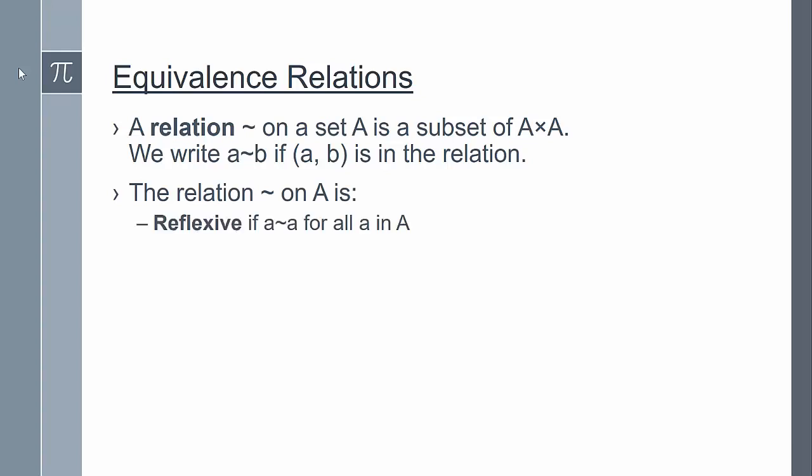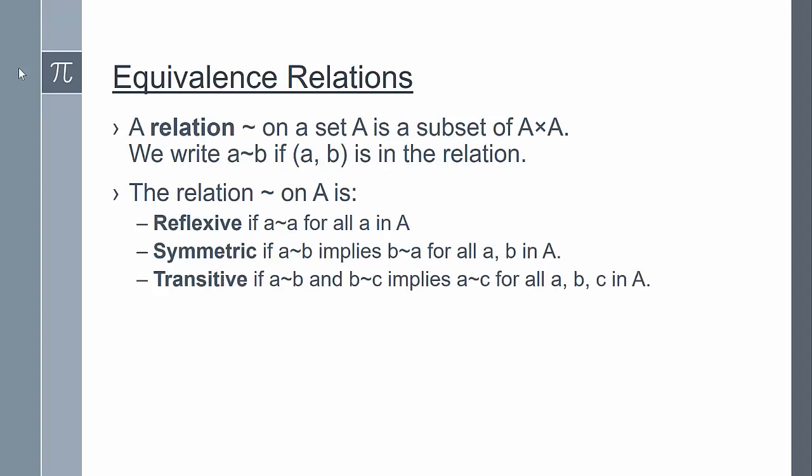We say a relation on A is reflexive if a is related to a for all a in set A. A relation is symmetric if a is related to b implies that b is related to a for all a, b in A. And a relation is transitive if a is related to b and b is related to c implies that a is related to c for all a, b, c in A.